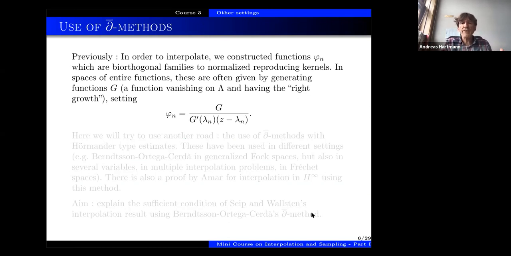If you go to the infinite case, the situation gets more difficult, but still you can use this idea, constructing a function vanishing in all the points except one. And this is, in fact, constructing a biorthogonal sequence to the normalized reproducing kernels. This idea was used several times, and you can use it also, for example, in the Paley-Wiener space, in certain different spaces of entire functions, or in the Fock space.